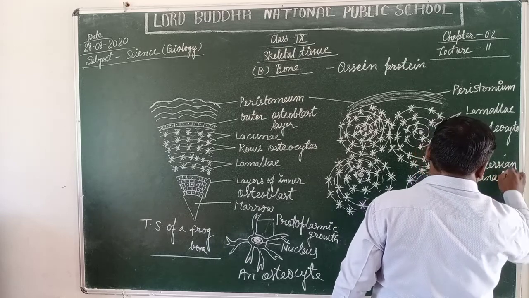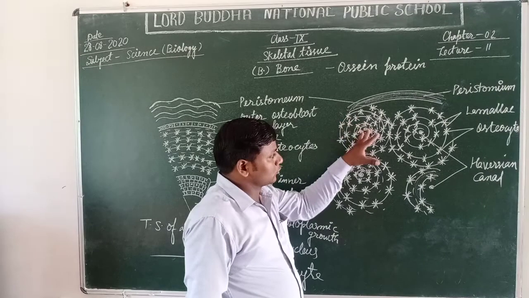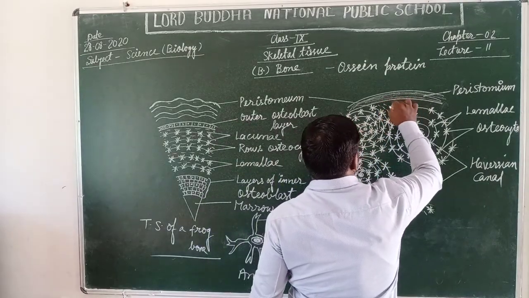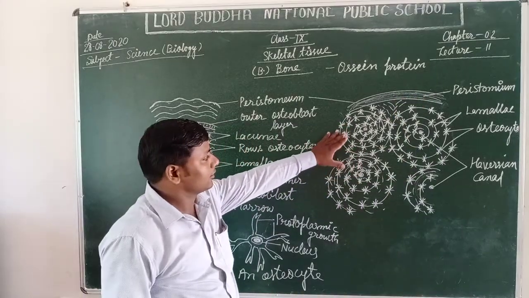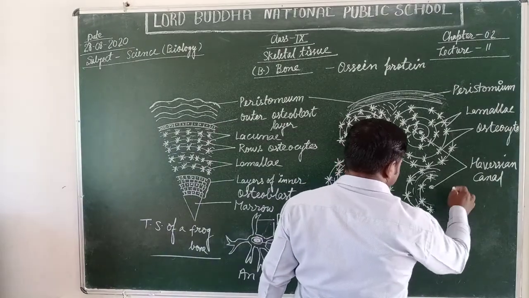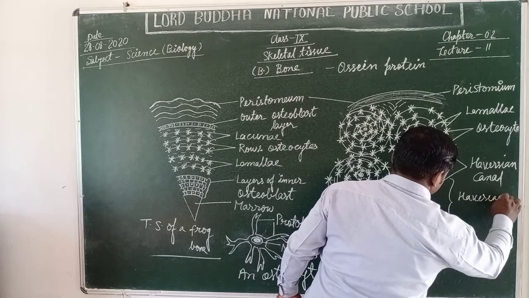The arrangement of these 12 to 15 concentric lamellae around the Haversian canal is called the Haversian system. Yes, students, this is called the Haversian system.